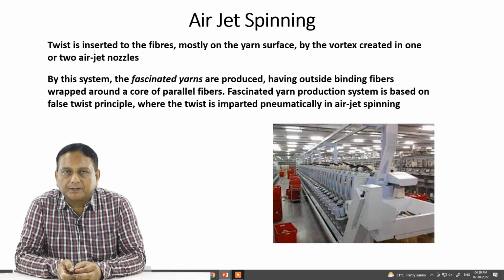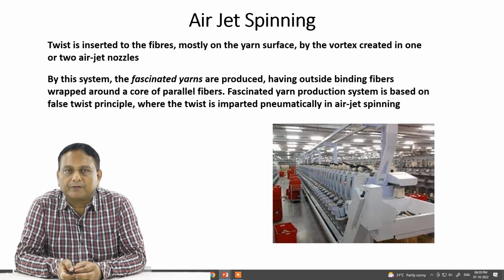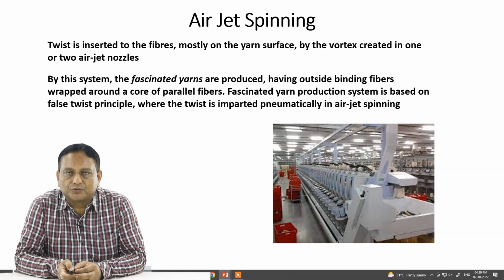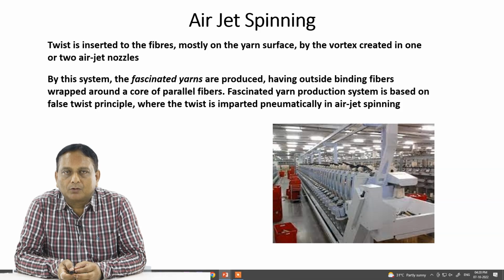Now if we go into the details, air jet spun yarn is also called fasciated yarn. So these types of fasciated yarns are produced having outside binding fibers wrapped around a core of parallel fibers.